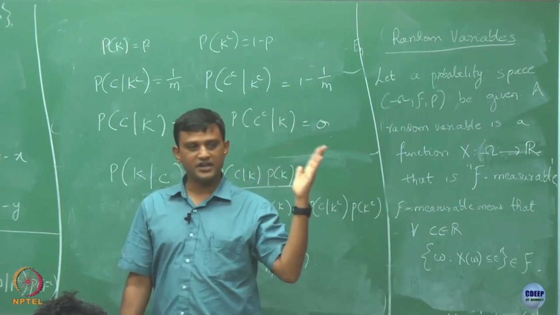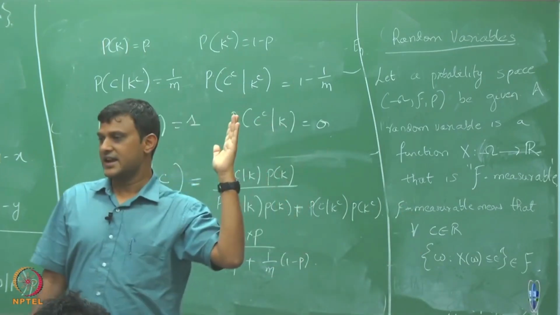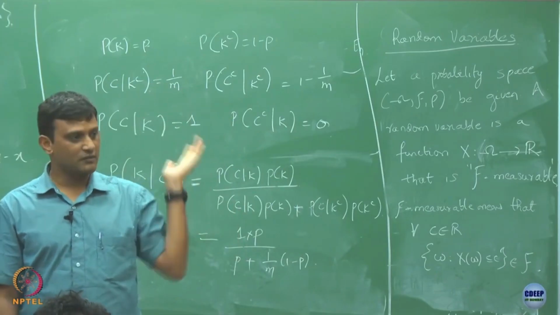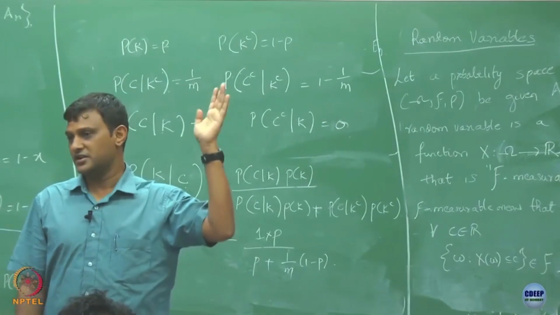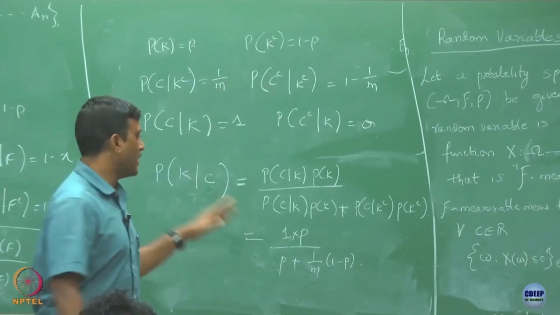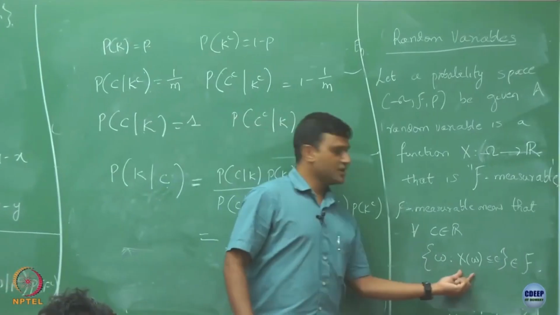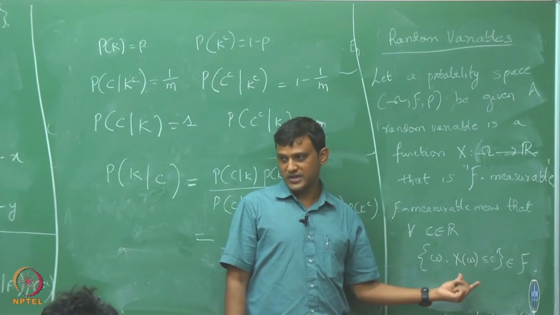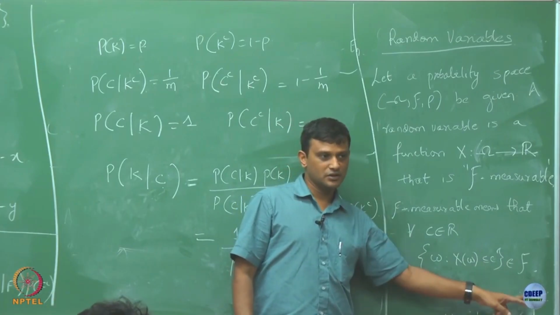You may ask any question of this form: what is the probability that the outcome of my experiment is less than 10? You may ask whether it is less than 10.003. Whatever the number you ask about, I want to be able to assign a probability, and I can do that if that event belongs to my event space.